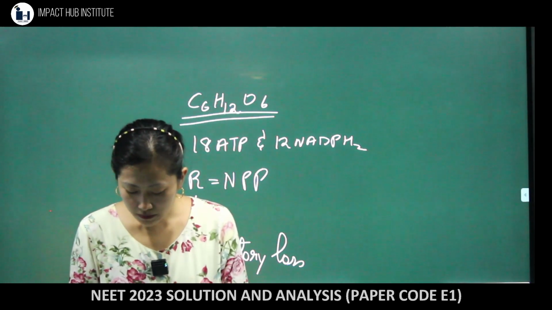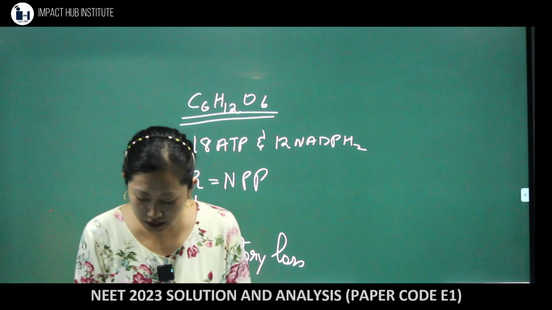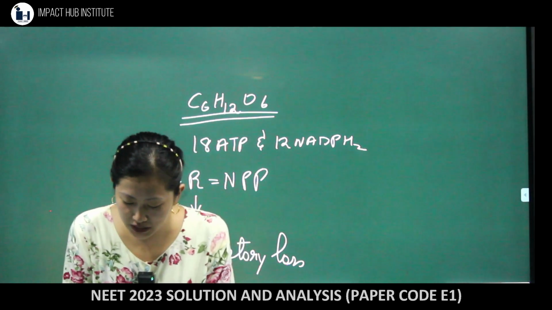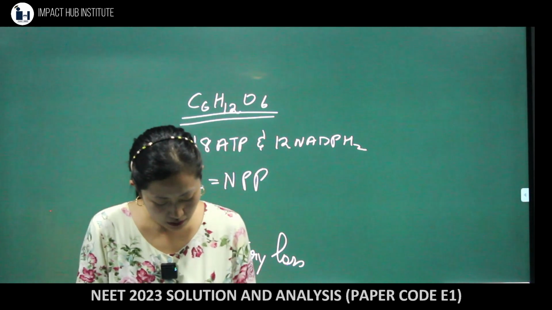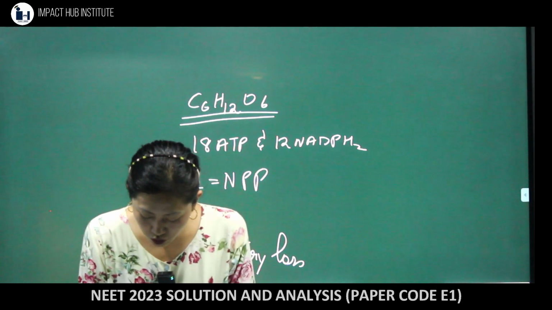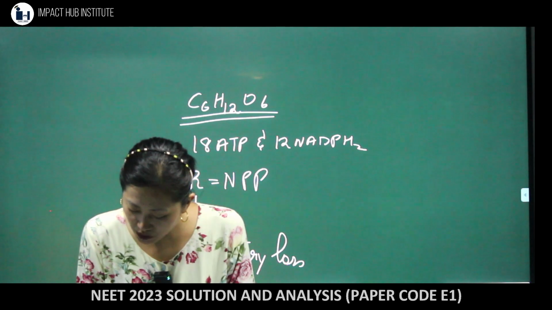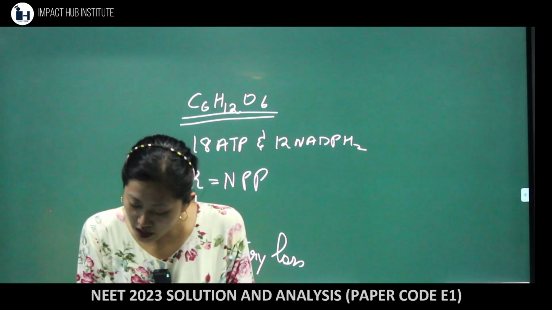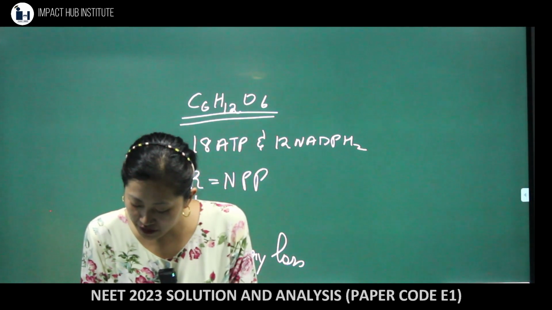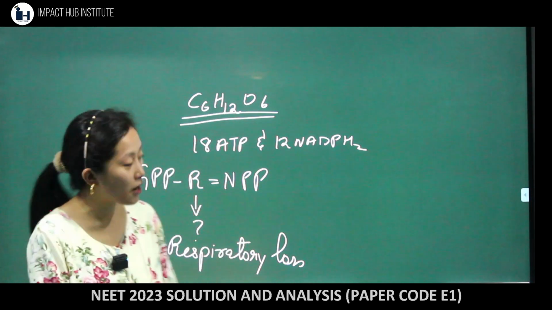The next one, what is the role of RNA polymerase III in the process of transcription in eukaryotes? The correct answer is option 2. RNA polymerase III helps in transcription of tRNA, 5S rRNA, and snRNA.